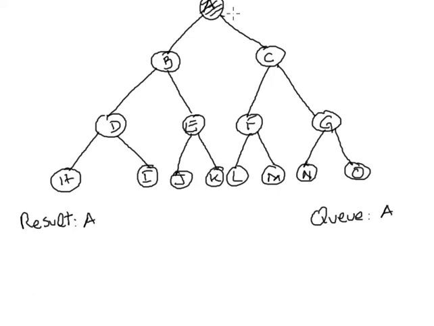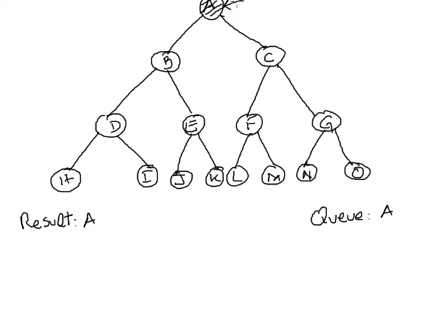As A is the first node on the queue, that will also tell us where we are when we are traversing our structure. So it's like a pointer that will tell us where we are in this structure. So at the moment we are at node A.